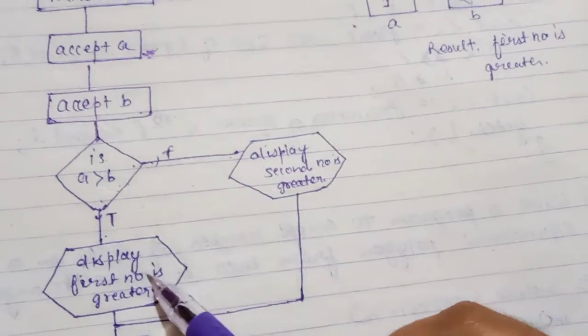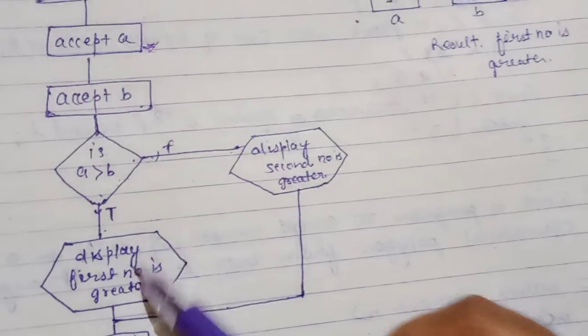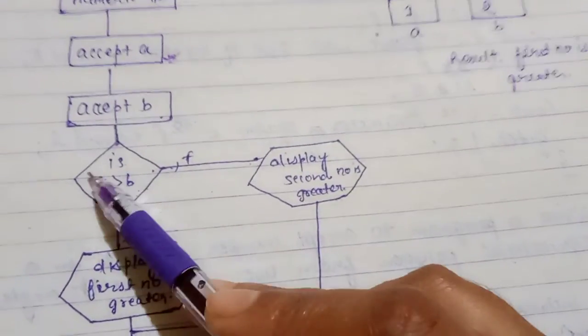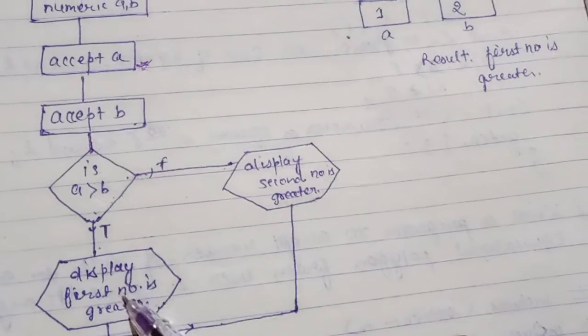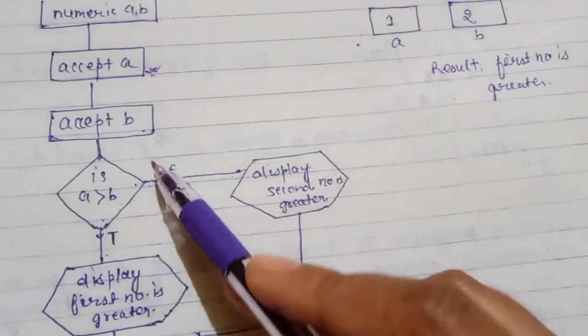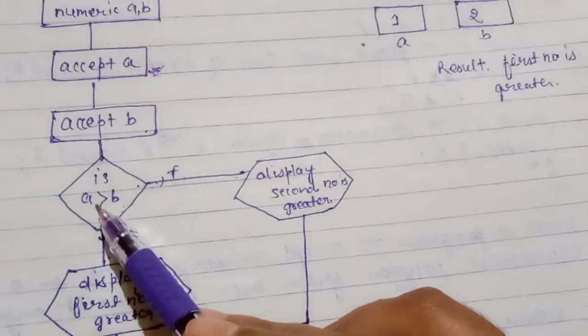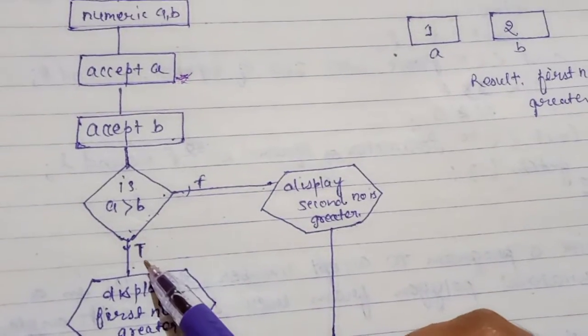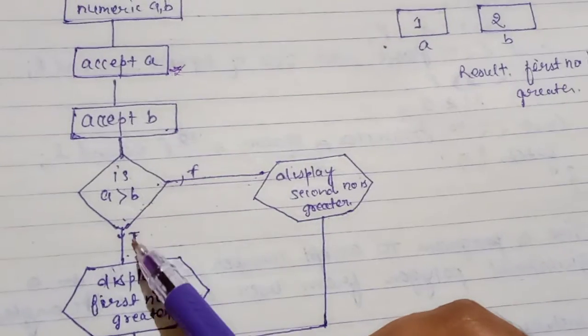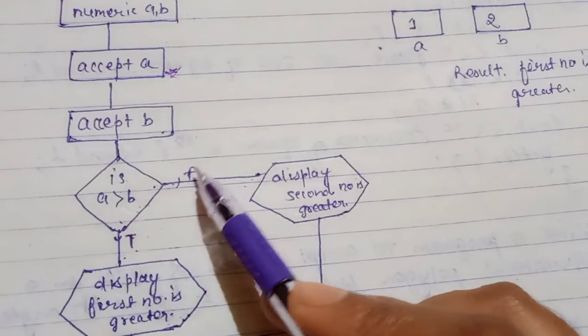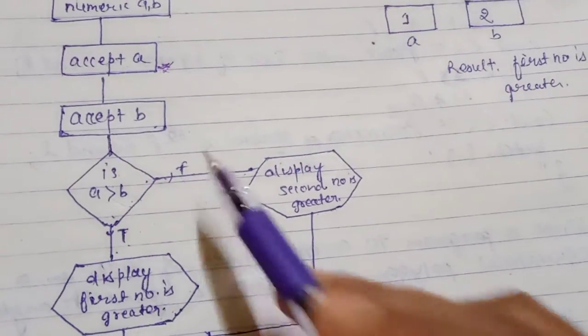We use the same box for display, and this box for the condition. If this is false, then this will be true, or if this is true, then this will end. This is why we write T for true and F for false.